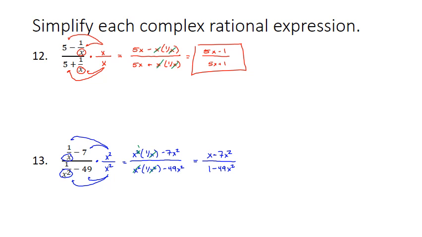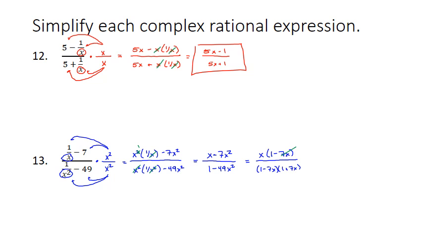And here's the other kicker to this. While the top one does not factor, this one factors and you can keep going. If you look at the top, they both share an x in common, so you can factor an x out to make it x times 1 minus 7x. And on the bottom, that is actually a difference of squares, and this factors into 1 minus 7x times 1 plus 7x.